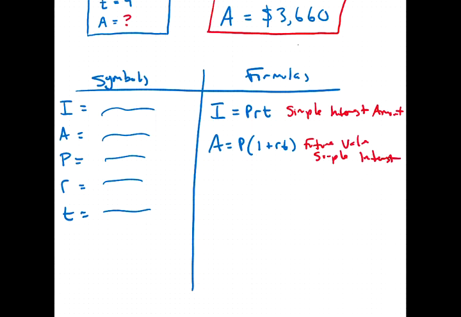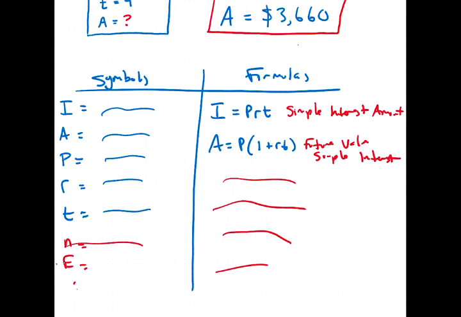And now as we go through more topics, you're going to add more symbols, there's going to be an N, there's going to be an E, and more formulas. If you start this running list now with simple interest, trust me, it will be helpful to use as a reference when you're doing the homework and when you're taking the quiz at the end of the chapter.